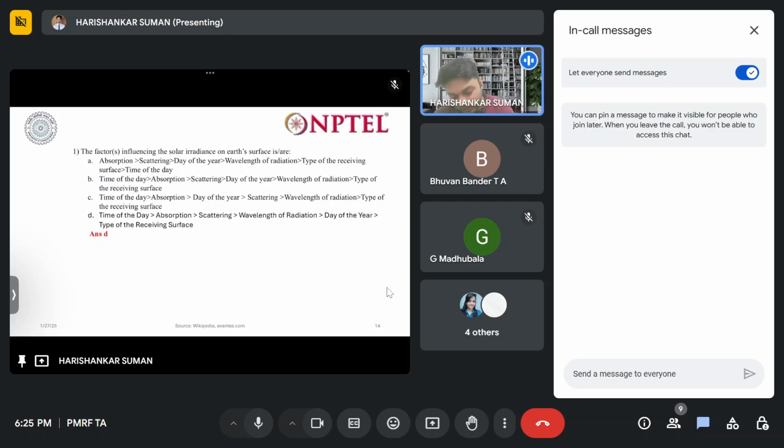Now please think about the time of day. This is, let's say, Earth. The time is, let's say, 1 p.m., 3 p.m. So is time important or not for the irradiance from the sun on the Earth?